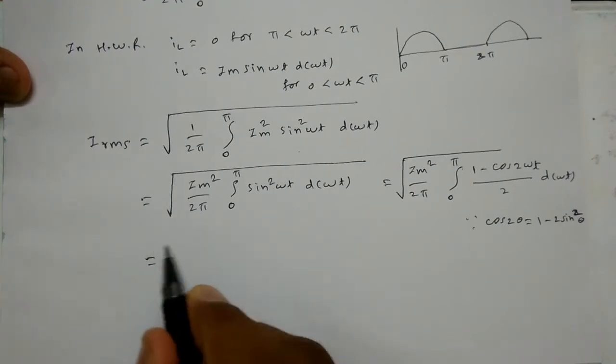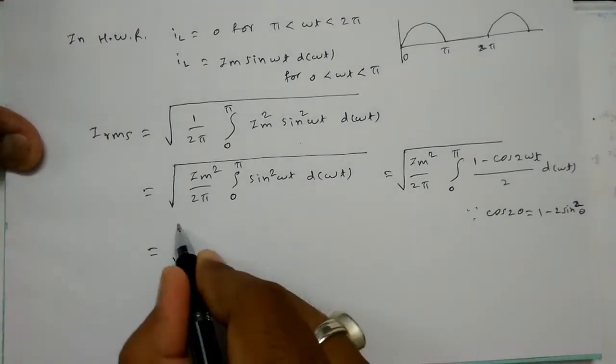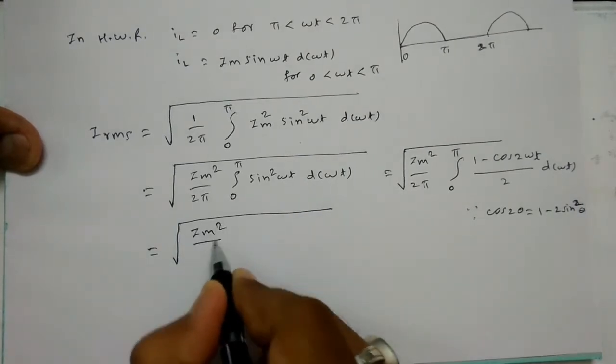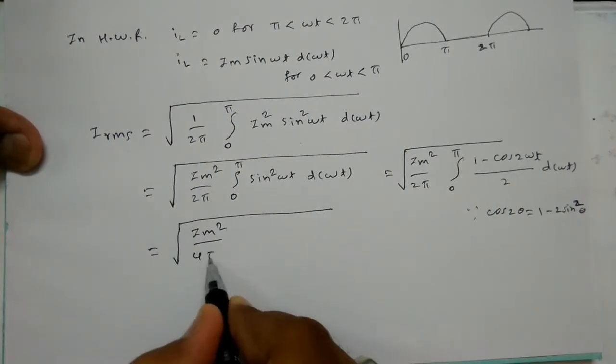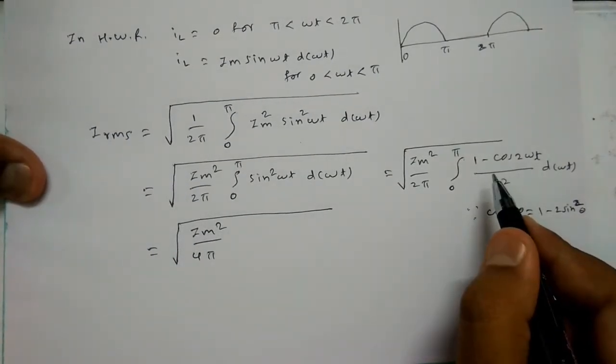So what we are getting after solving this, let us write the equation. This Im square as it is. Now this 2 pi, this 2 if taken outside, it is becoming 4 pi. Now let us integrate this.